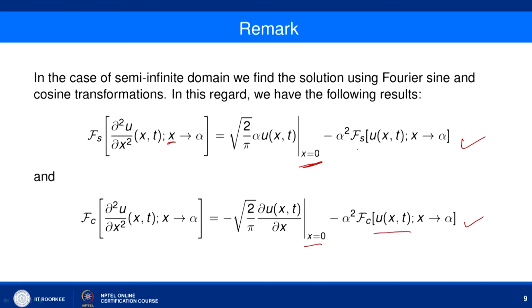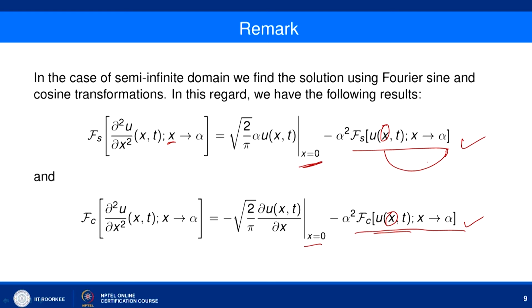This simply represents that we are finding the Fourier sine transform, or the Fourier cosine transform, of u(x,t) with respect to the variable x, and we are considering α as the frequency domain variable here.